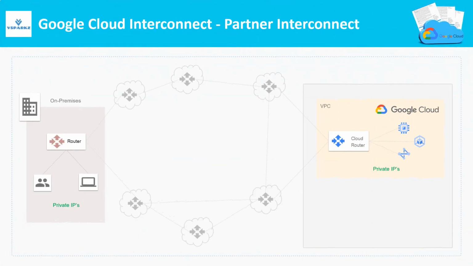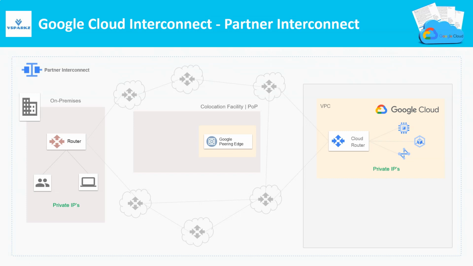Now, Partner Interconnect, which is an alternate option to Dedicated Interconnect. Let's say your on-premises data center is far away from Google's co-location facility, or you cannot afford installing cables and equipment, then the right option to choose is Partner Interconnect.